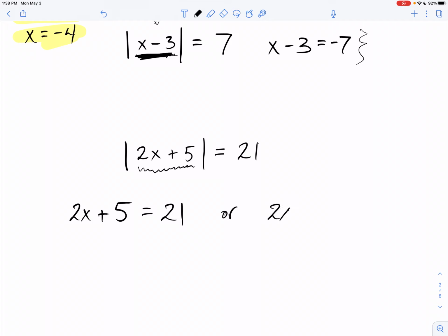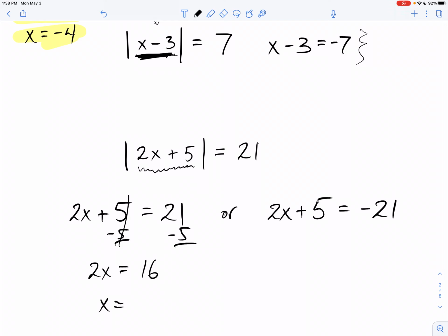Or if the stuff inside there was equal to negative 21, you would also get a true statement. So when you're solving an absolute value equation, what you're trying to do is find those two results. And then, hey, over here, I'm just going to take away 5, and then I say 2x equals 16. So what's x? X has got to be 8 over here.